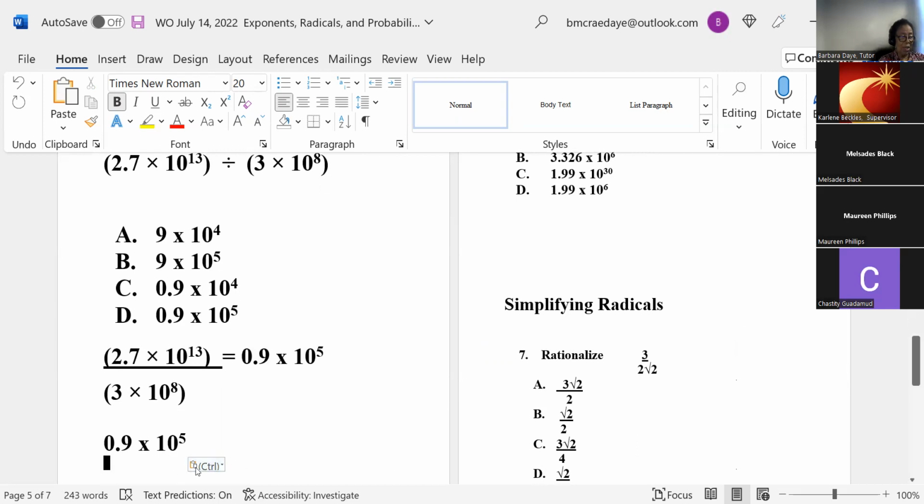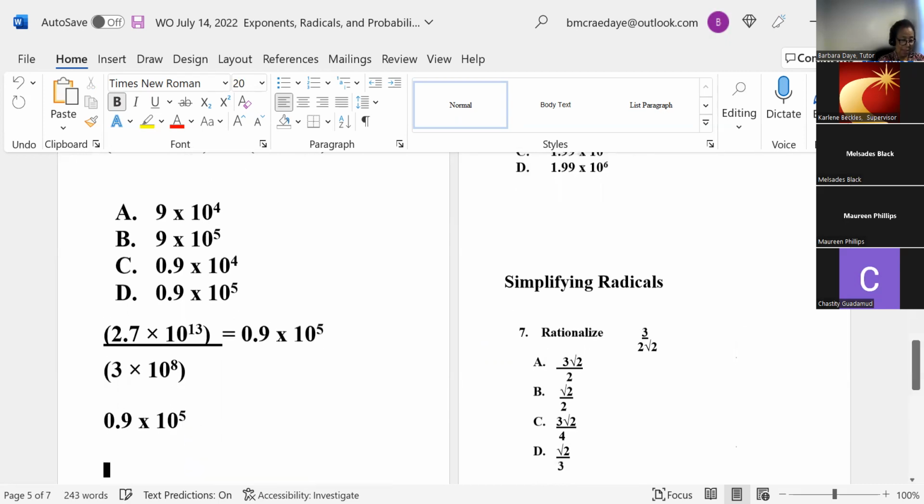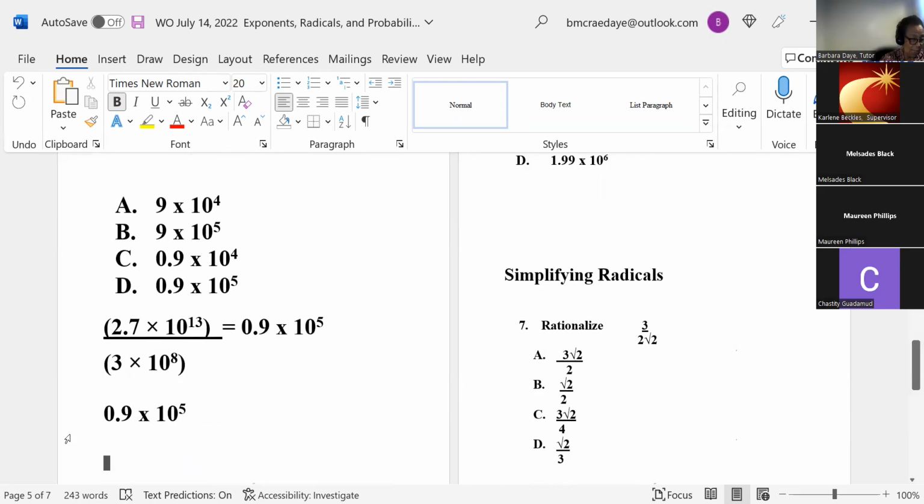Now, we can translate that where the number is not less than 1. We can increase this to 9, but remember when you increase the first part, you decrease the exponent, right? So what does this become, Maureen? Increase the 0.9 to 9, times 10 to the what?